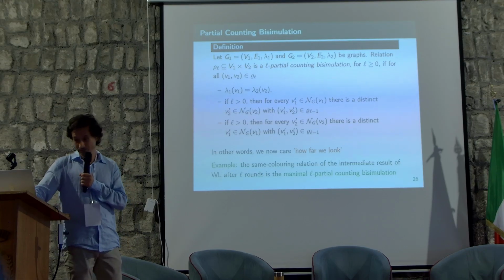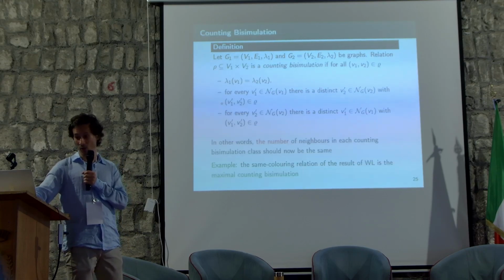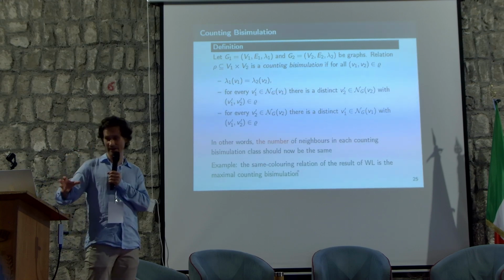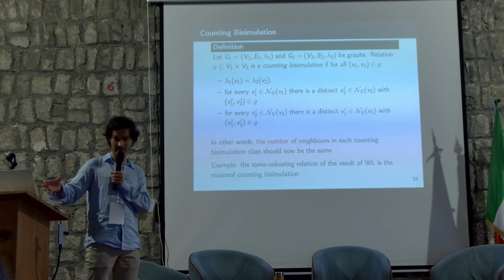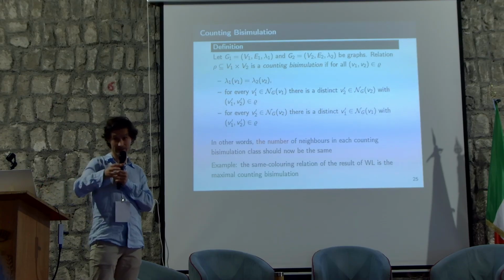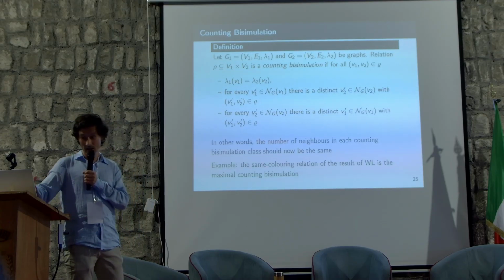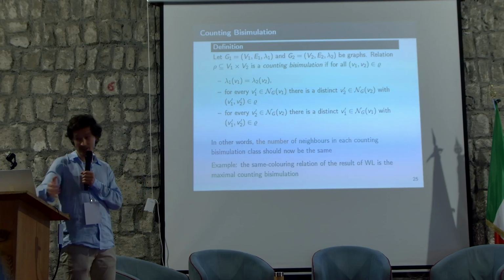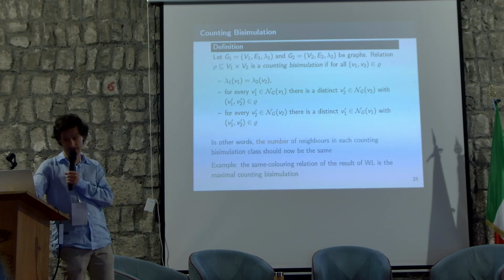And actually, an example of maximal counting bisimulation is the same-coloring relation resulting from Weisfeiler-Leman. Weisfeiler-Leman assigns colors, and the same-coloring is an equivalence relation, and it is in fact the maximal counting bisimulation.